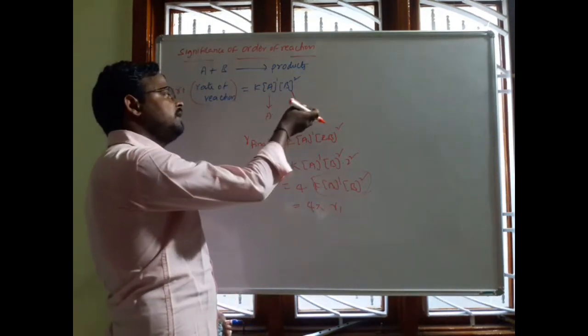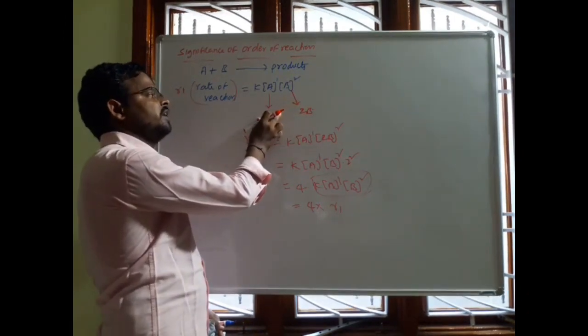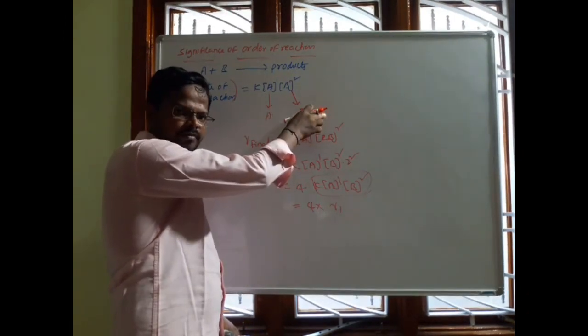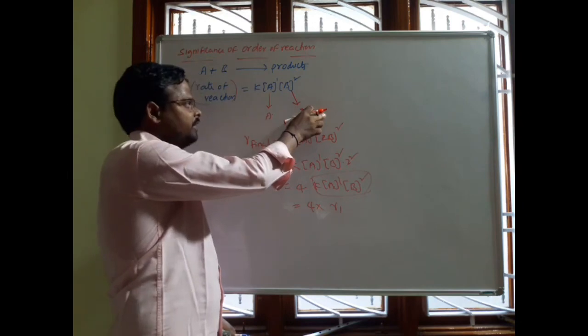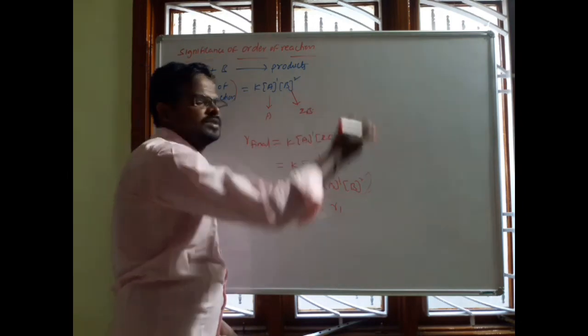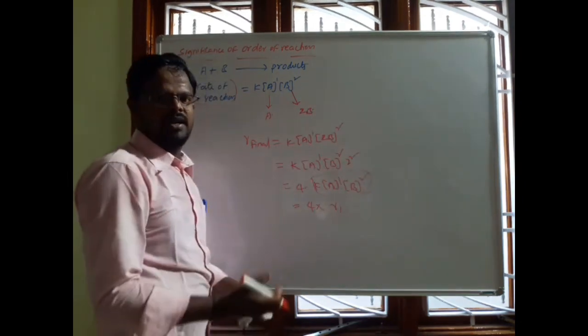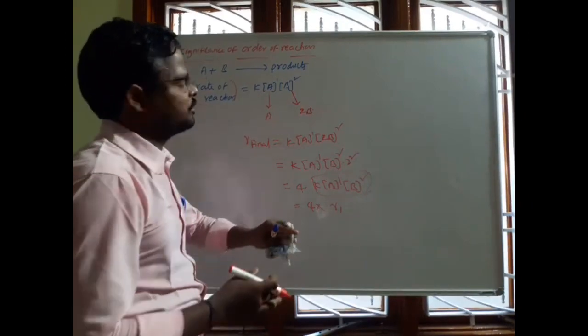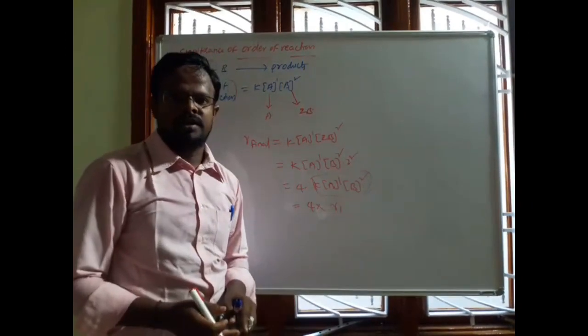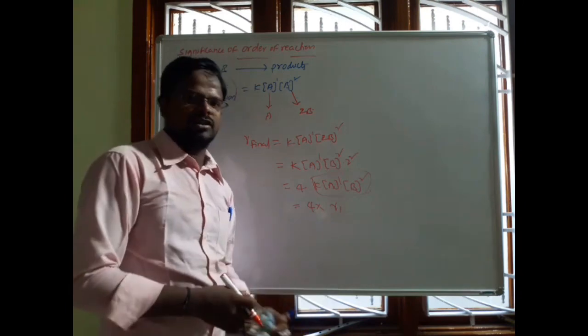And earlier we learned that if you double the concentration of A and keep the concentration of reactant B constant, the final rate becomes 2 times the initial rate. So what is the meaning here? When I change the concentration of the reactants, the rate of a reaction also changes.